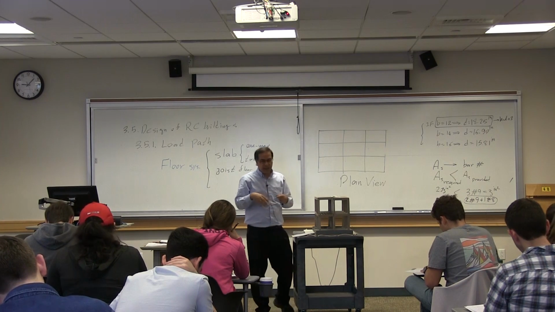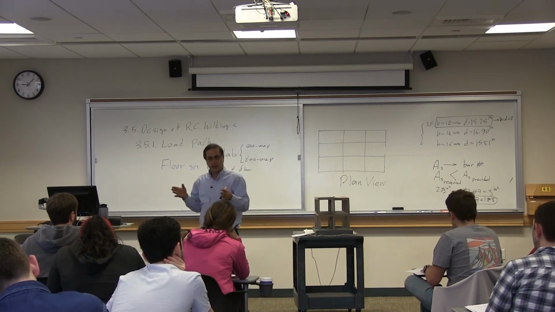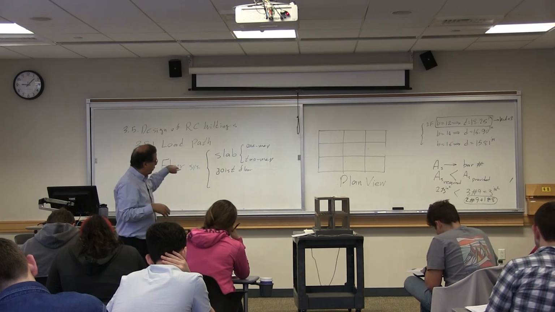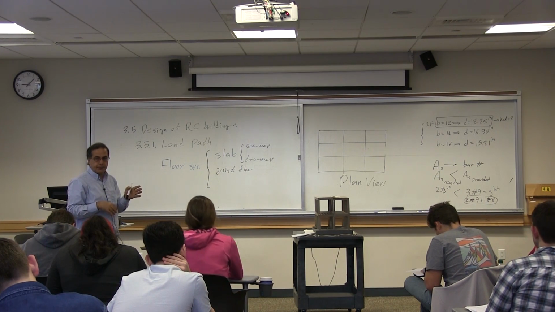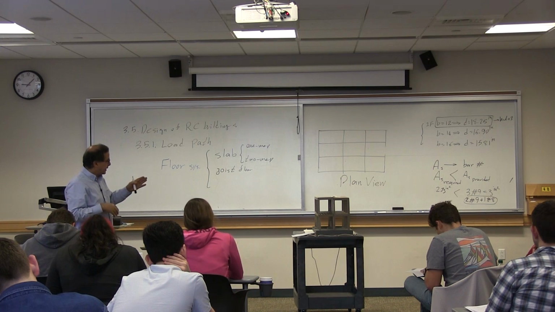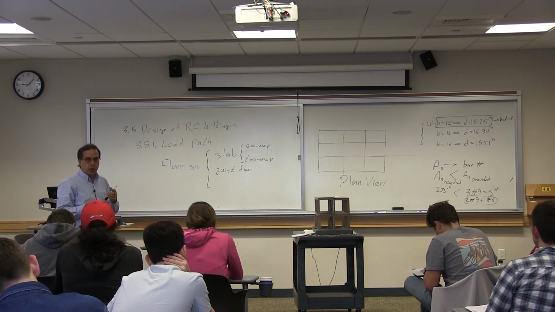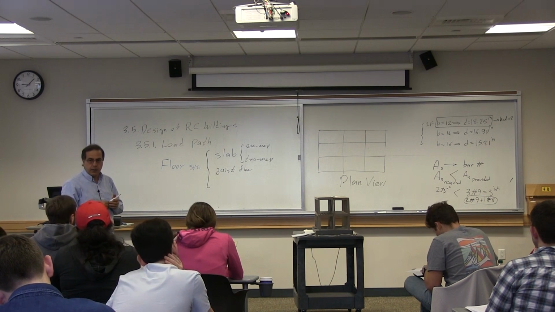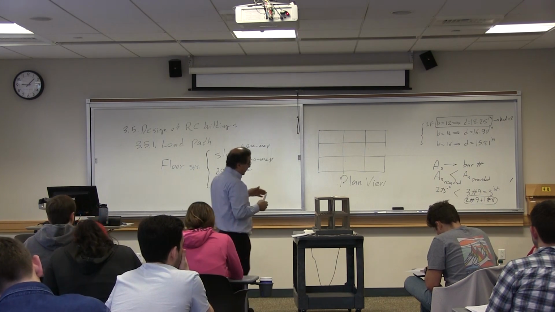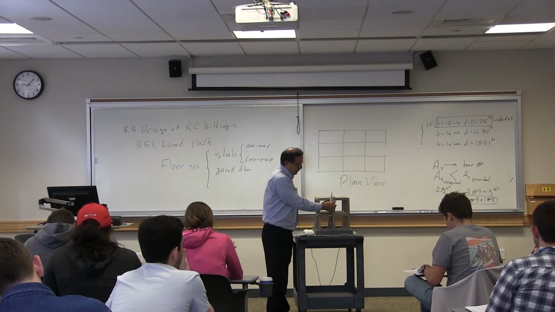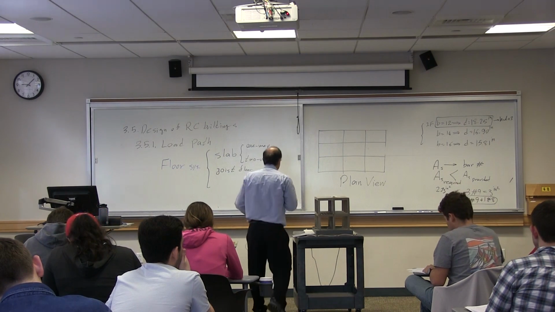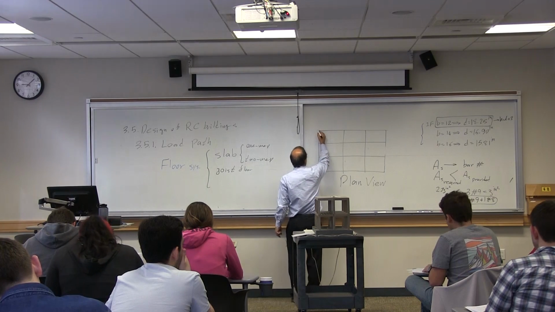And what I'm showing here are beam lines. Those lines, each line would represent a beam. The intersection between beams are columns. Where two beams intersect, this beam and this beam intersect, we have a column. So that means we have columns.